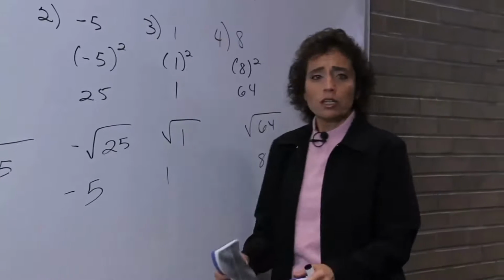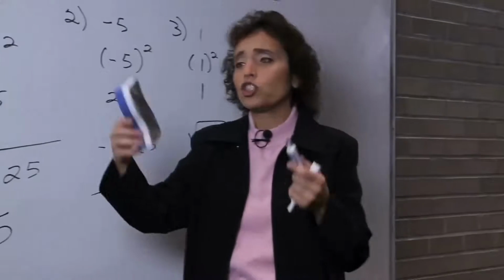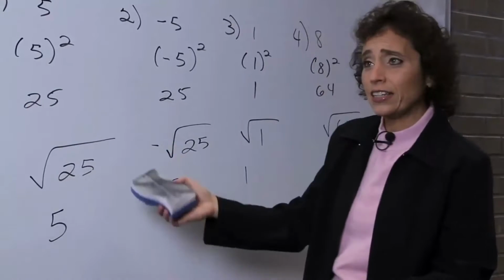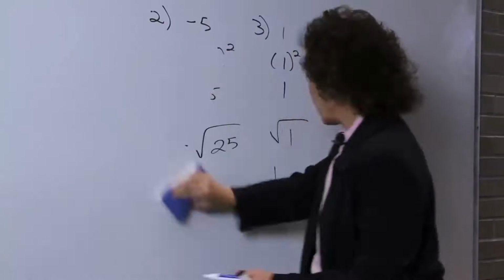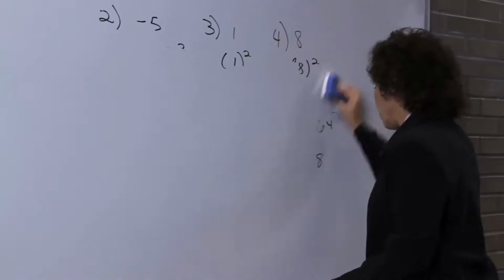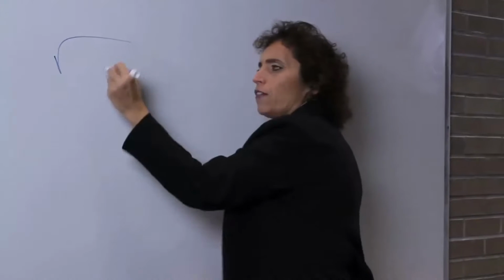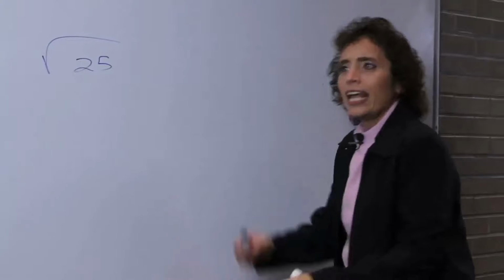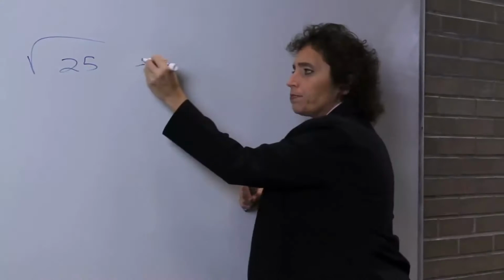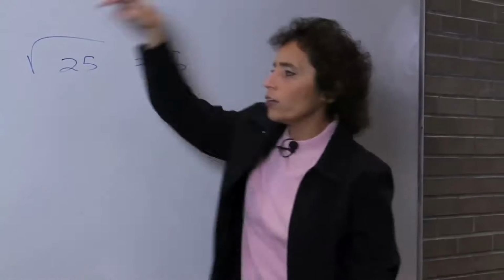In your workbook, it kind of defines square root a little differently than I did. I'm going to write exactly what it says down because this definition is interesting. Okay, here's what this says. It says the square root of a positive number a, let's make a 25, is the positive number b, whose square is 25.